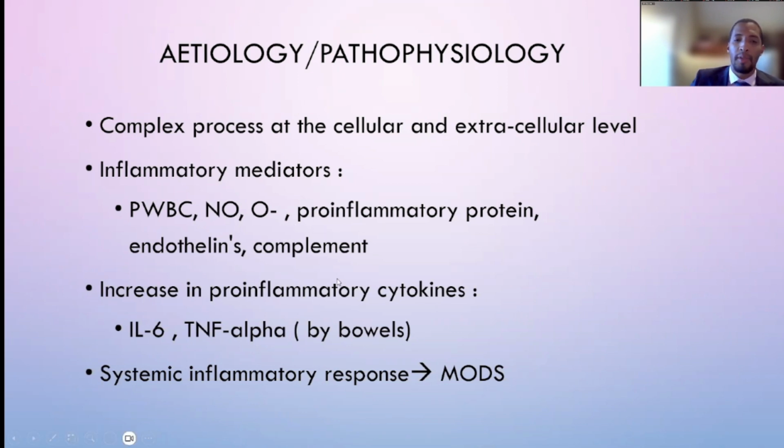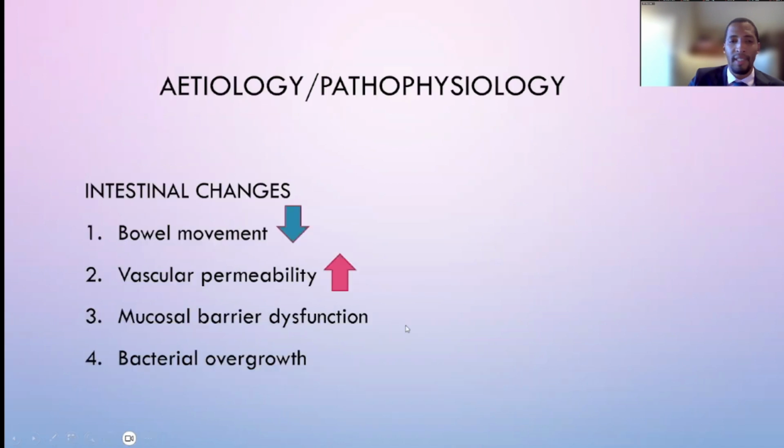There's an increase in pro-inflammatory cytokines, altogether leading to systemic inflammatory response and multi-organ dysfunction. Just at the level of the intestine, there's basically an ileus, increased vascular permeability, mucosal dysfunction, and sometimes bacterial overgrowth.